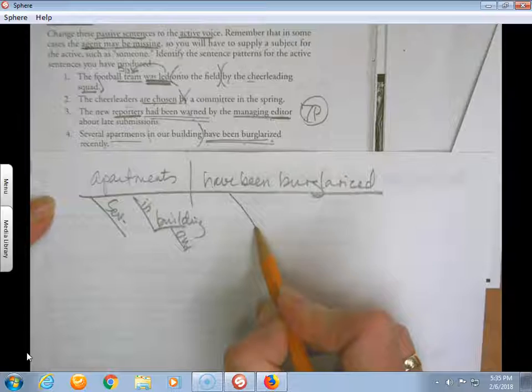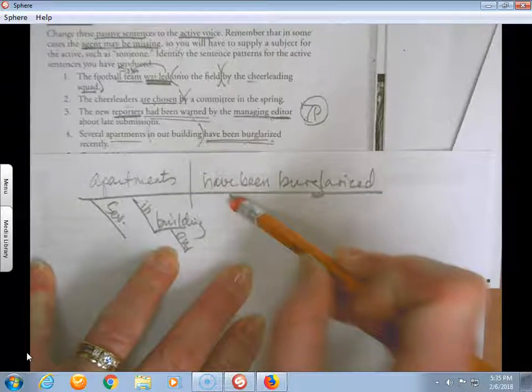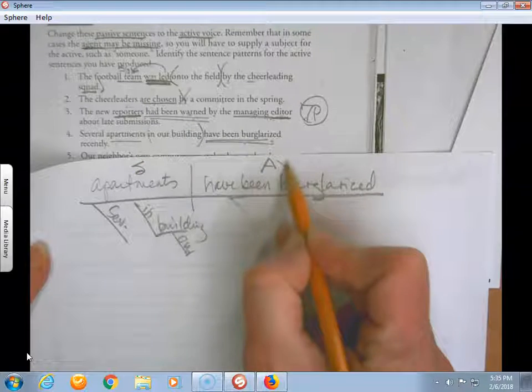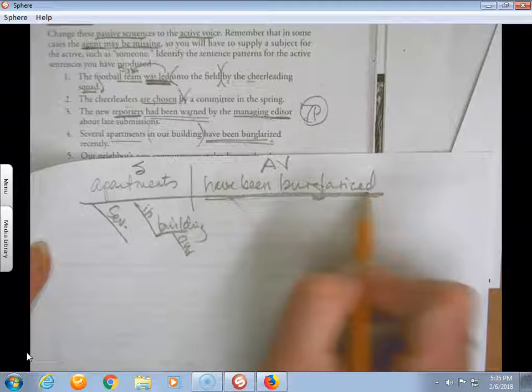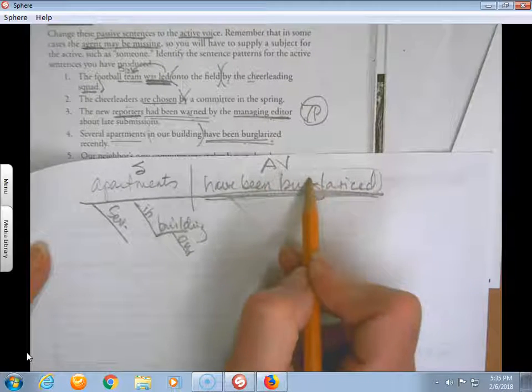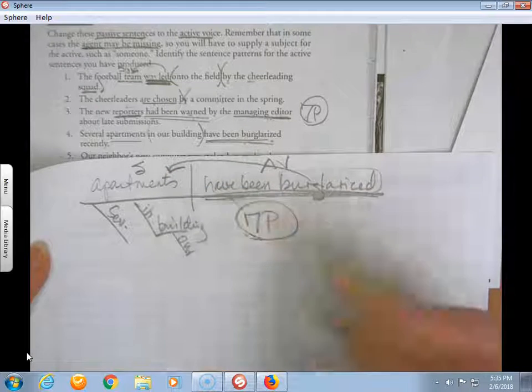Oh no, we don't have a by, that's right, this sentence didn't give us a by, we had to make it up. We said three men, so if they'd chosen to put it, they could have said by three men, right, but they didn't. So we have a subject, apartments, we have an action verb, have been burglarized. All of that is the verb, the main verb plus the helping words. What got burglarized? The apartments. That's why we know this is a 7P.